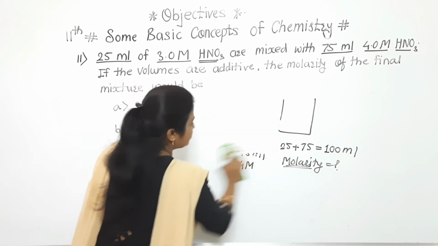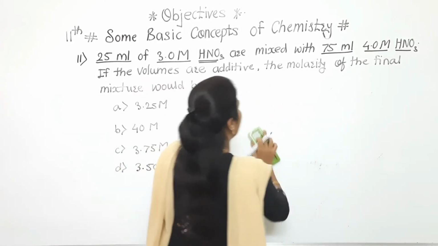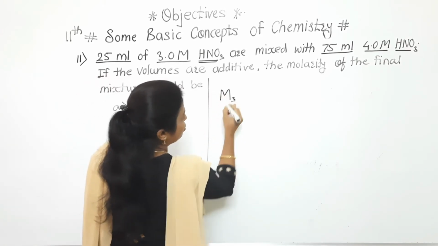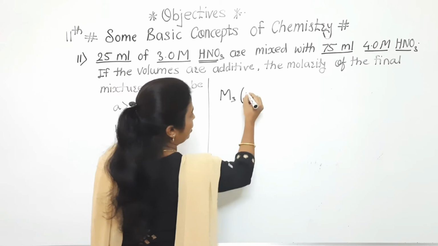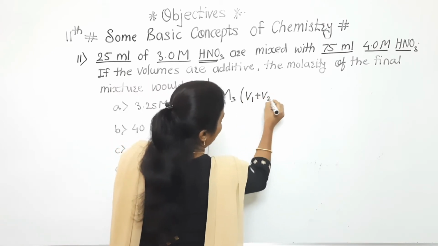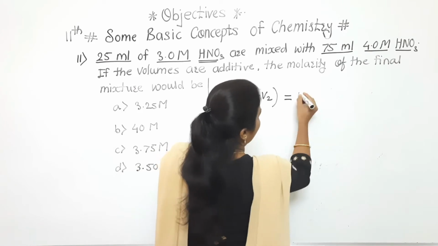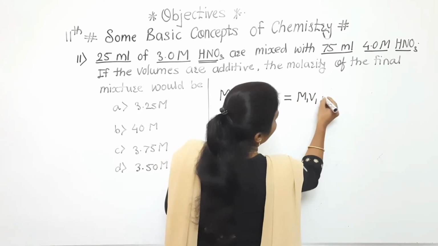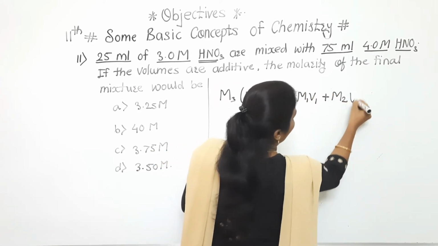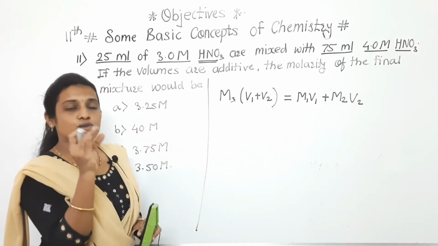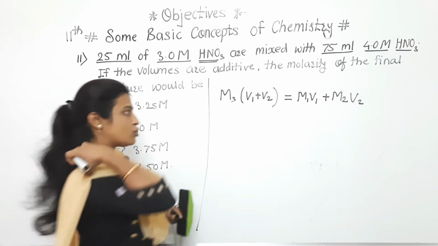Now, which formula do we have to use? M3 is the molarity of the mixture. M3 times (V1 plus V2), the volume of the two solutions mixed together, is equal to M1V1 plus M2V2. We use this formula when the solutions are of the same substance or same chemical.